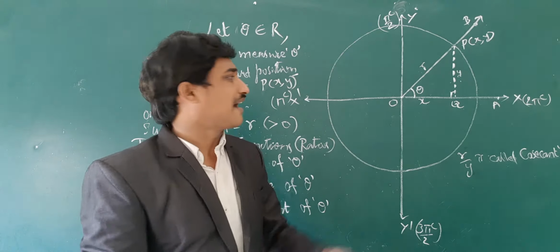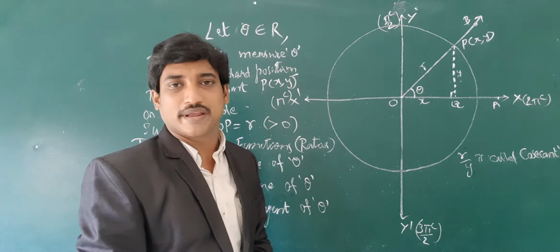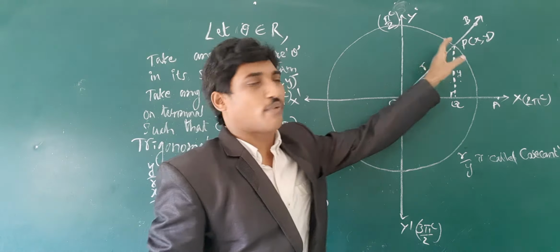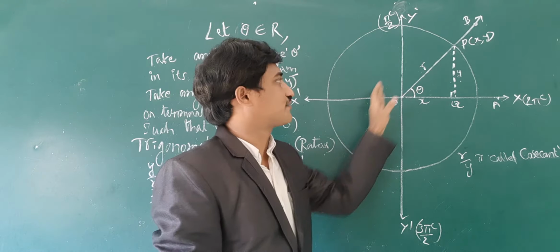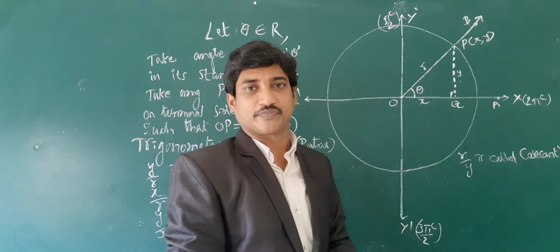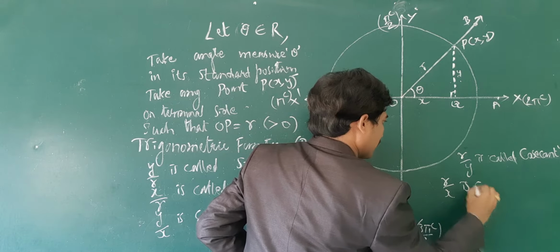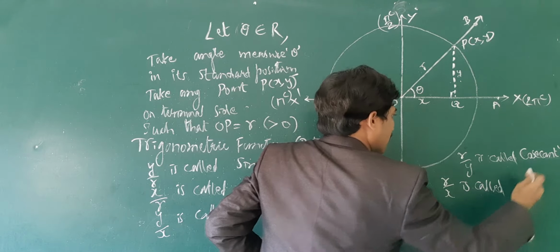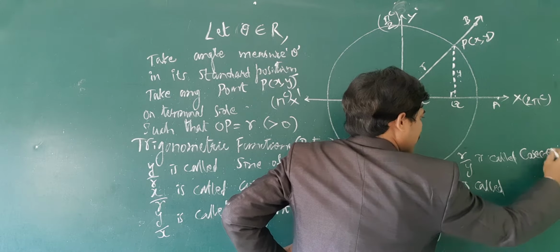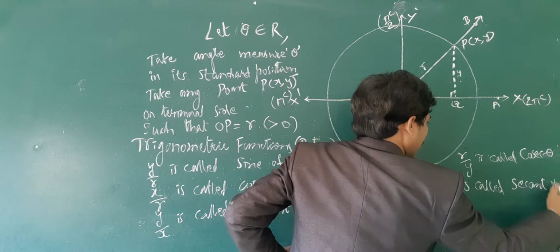Next, r by x, that means the ratio of the distance from the origin to the point and the x coordinate, is called secant theta, the secant of theta.